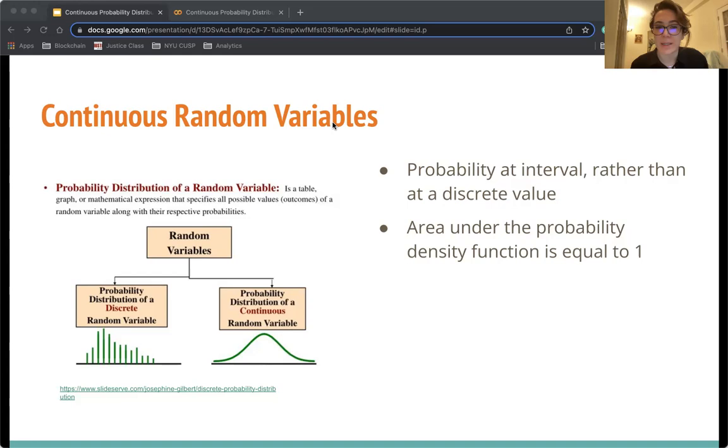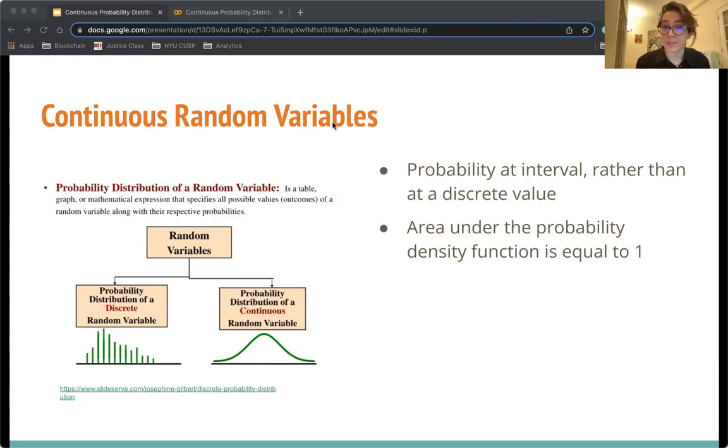If we tried to assign a non-zero probability to each of the uncountable values, it wouldn't make sense because it's a continuous spectrum. The area under the curve is proportional to the distribution of probabilities. Therefore, we use an interval to assign the probability.